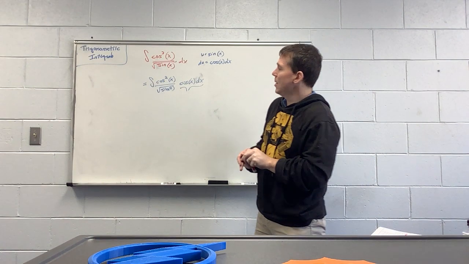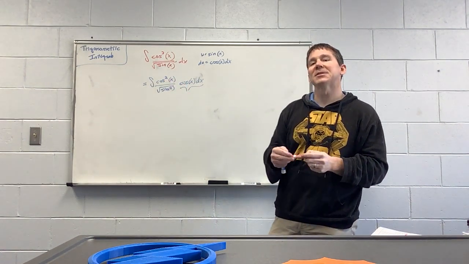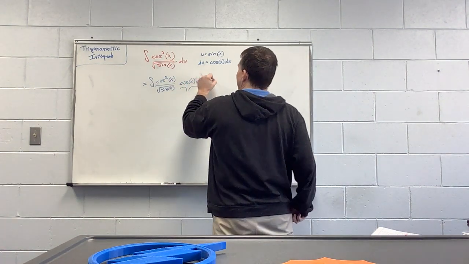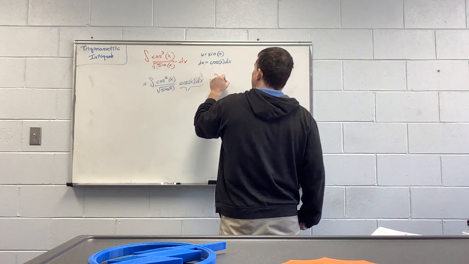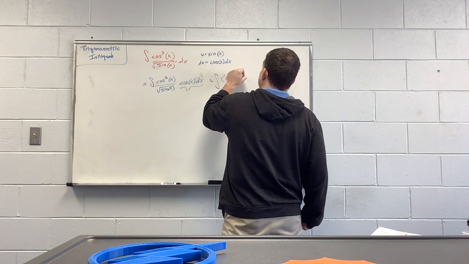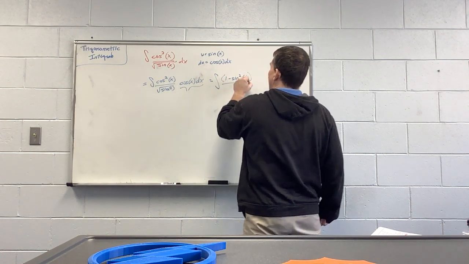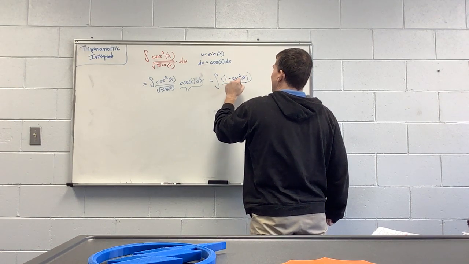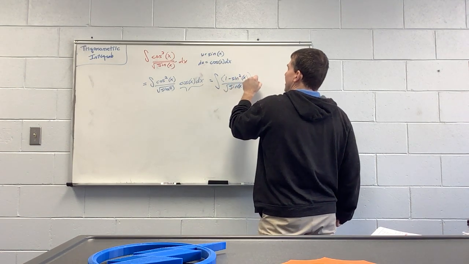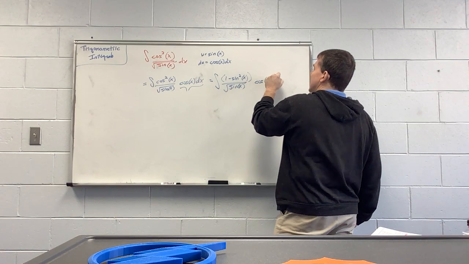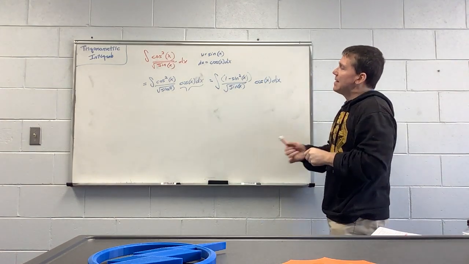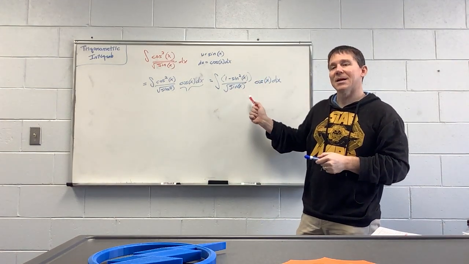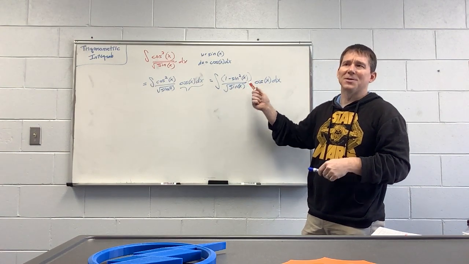There's my du. Now I rewrite this in terms of sine. So I get the integral of cosine squared, which is 1 minus sine squared x, all over the square root of sine x, cos x dx. Now here, this can look really messed up, but that's 2 terms over 1 term.